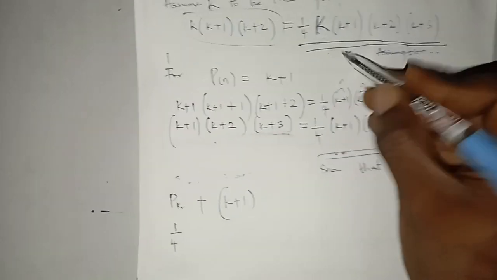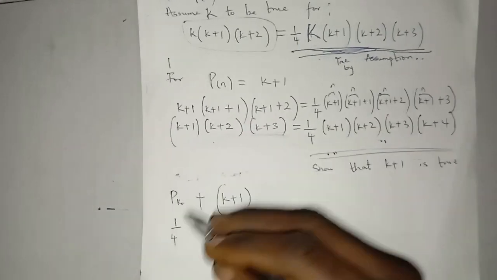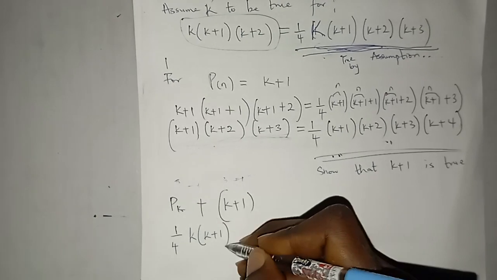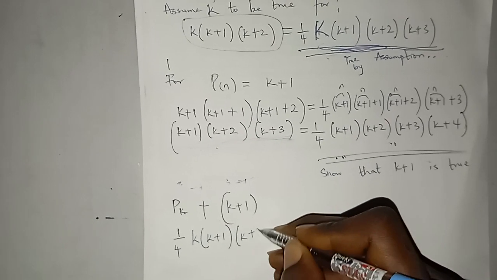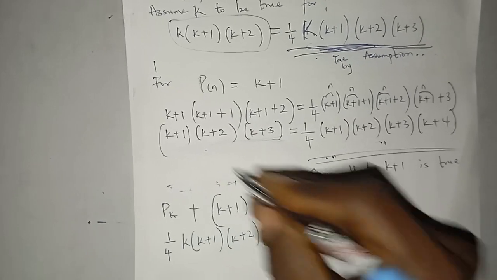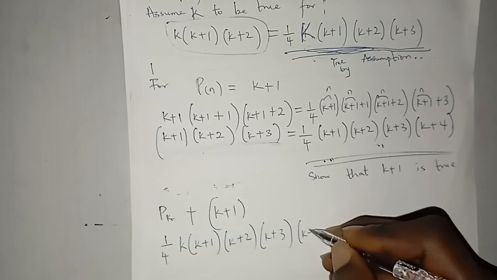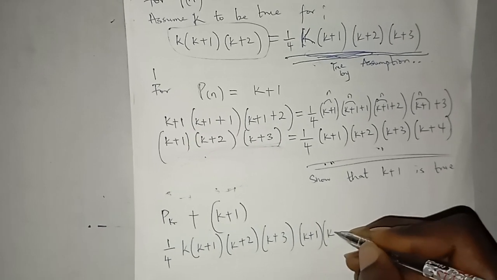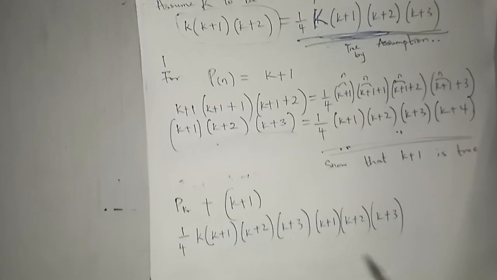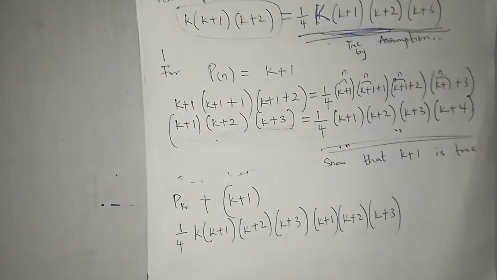So I will use whatever I get here and whatever I have here to prove this thing. And everything I'm doing here should equal to this. Once it's equal to it, I have proved it.